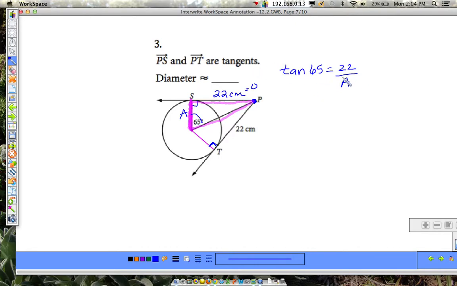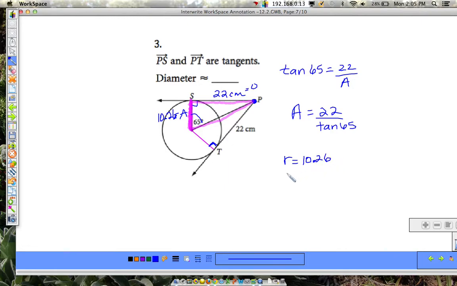Then I can solve. I can use my shortcut. Really, I know that A is going to be 22 divided by the tangent of 65. If I type that into my calculator, I'm going to get 10.26. So this is equal to 10.26. Is that my diameter? Nope, it's the radius. So radius is 10.26.